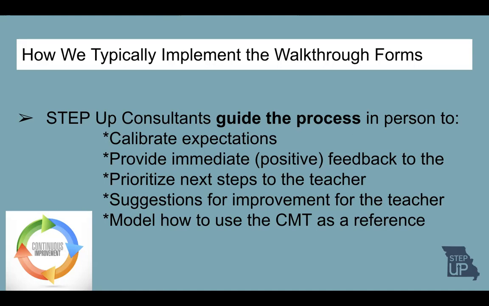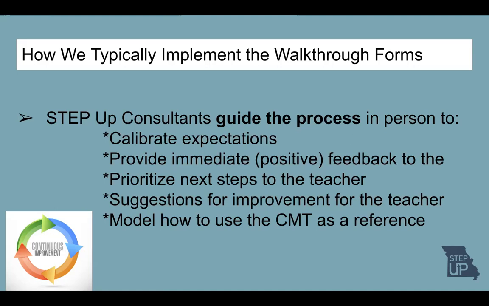So the questions that we're asking ourselves in administrative teams are, what do we want the teacher to continue? What's really great about what's happening in the classroom? What's an immediate suggestion for a shift, either in planning, classroom environment, or the level at which they're teaching?